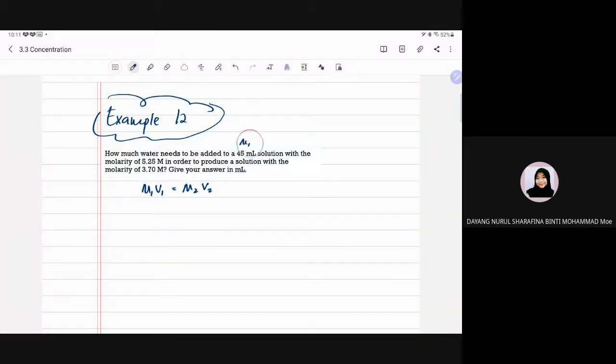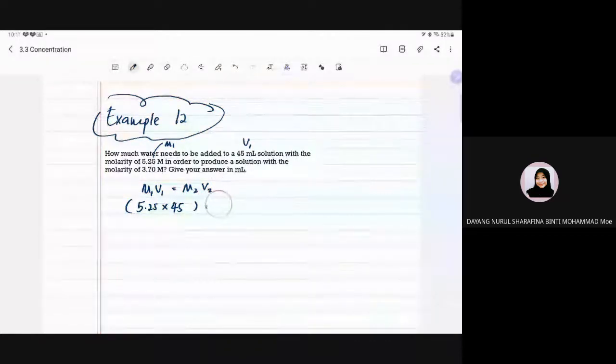So this is the original volume. Sorry, this is V1, and this is M1. So M1 is 5.25 times 45. M2 is given as 3.70 times V2.